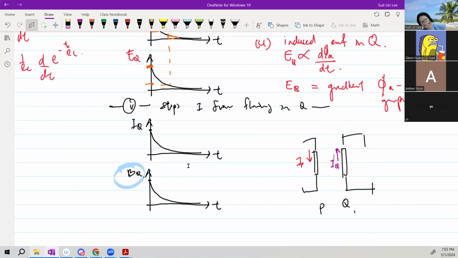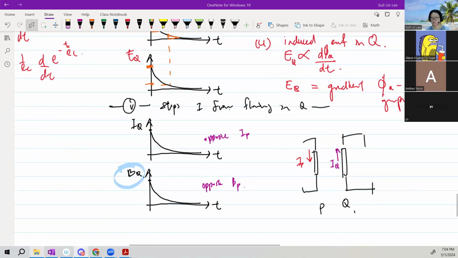So if you want to know, this IQ the magnitude will be like this, but it will swap direction to oppose the change. This will be opposite to IP, and this one will be opposite to BP to oppose the change. In short, you can try out your hand again and do the thing, but I can bypass all of that by thinking of opposition.